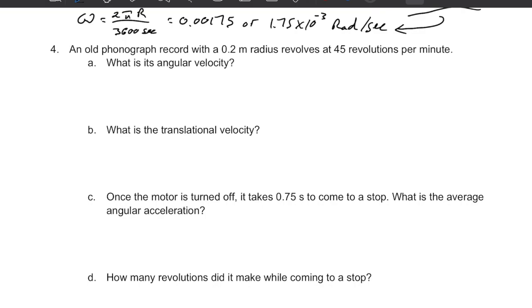And if they've given us 45 revolutions per minute, let's set that up with 45 revolutions over 1 minute. We want radians per second, so we're going to have to convert the revolutions. 1 revolution is 2 pi radians. And 1 minute is 60 seconds.